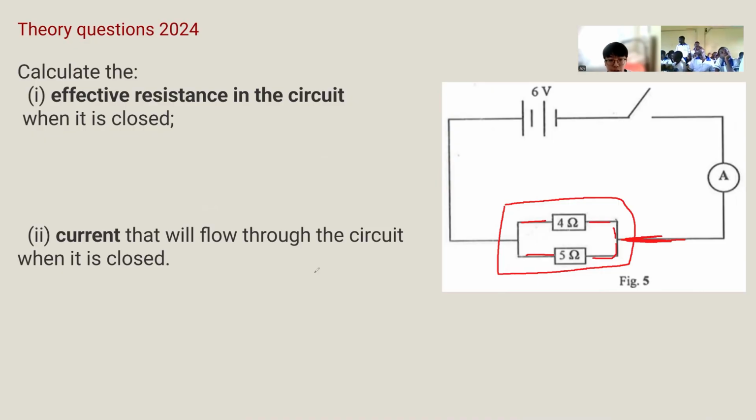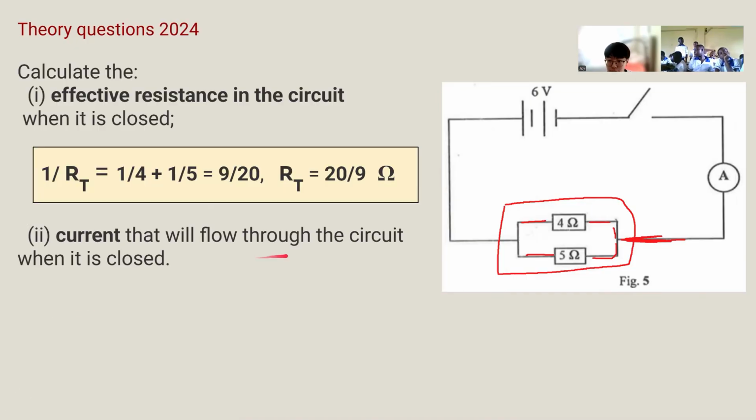So how do you calculate the resistance in a parallel circuit? It is done this way. So can everyone see how this is done? 1 over the total resistance equals 1 over 4 ohms plus 1 over 5 ohms.